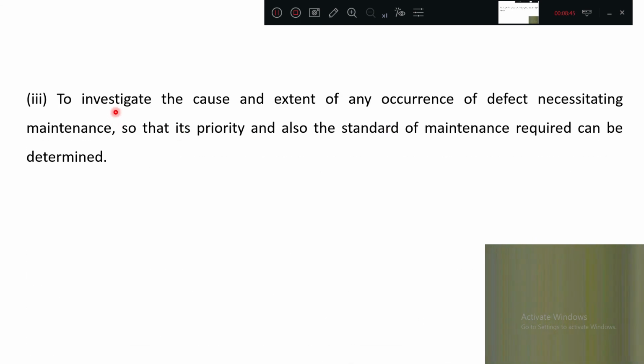Third objective is to investigate the cause and extent of any occurrence, why it is caused, how much it is damaged. So all those things are obtained in the planned inspection report of defect necessitating maintenance, so that its priority can be fixed, whether now only we have to fix or we have some extra time to fix it.